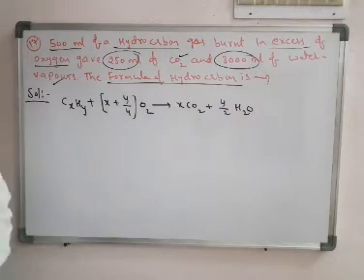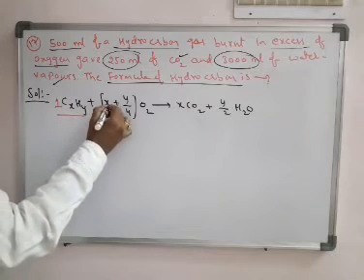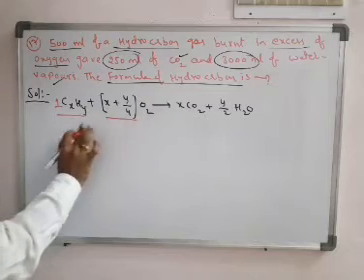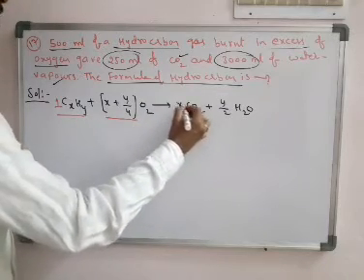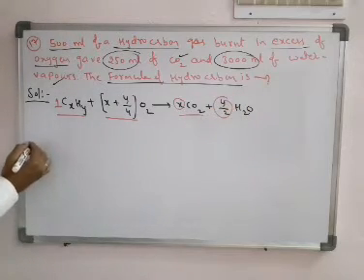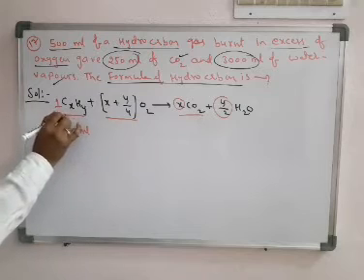So 1 mole of hydrocarbon reacts with x plus y by 4 moles of oxygen, giving x moles of carbon dioxide and y by 2 moles of H2O. Now we compare with the 500 milliliters of this compound.